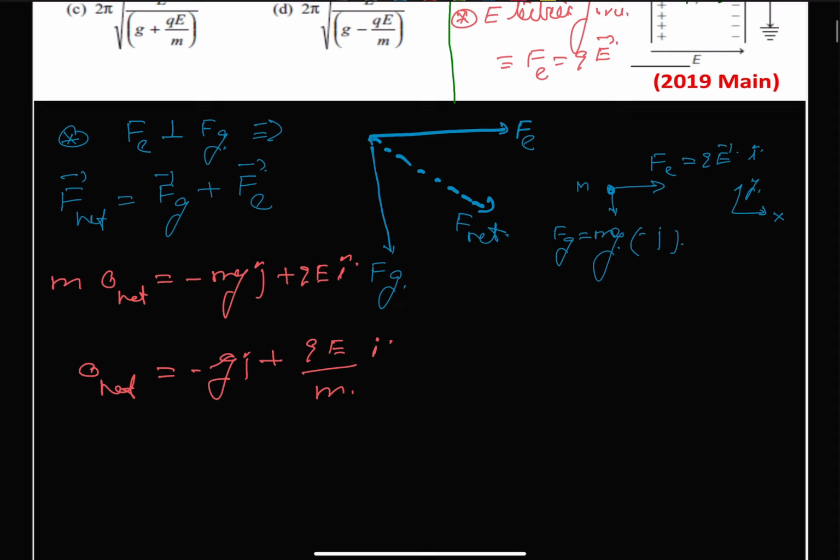So from here we can find out its magnitude. We can say net acceleration will be equal to the square root of g squared plus (qE upon m) whole squared.